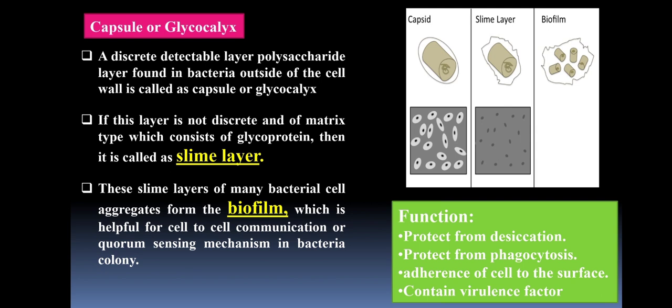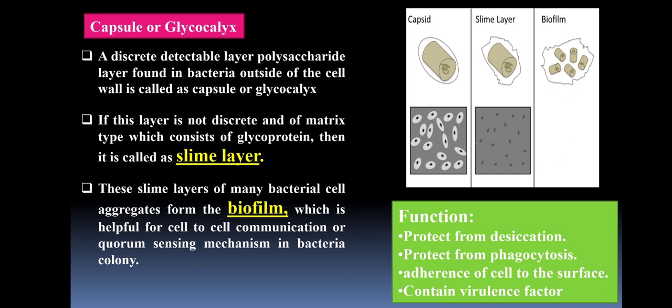So now you are clear about the capsule, a rigid, discrete, detachable layer of polysaccharide present around the cell wall, whereas the slime layer is glycoproteinaceous, of matrix type, just like a secretion present around the cell wall. When this slime layer aggregates in a bacterial colony, it forms the biofilm around the colony, which helps in the quorum sensing mechanism.